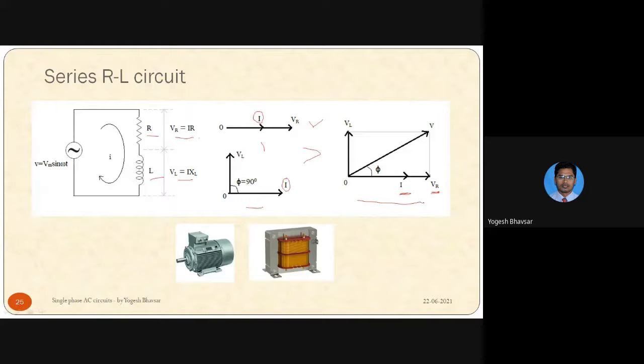So this becomes the phasor diagram for the purely resistive circuit. Now for purely inductive, current is lagging voltage and voltage is leading current, same thing. So VL is leading current by 90 degrees. So by 90 degrees, we have the phasor for VL. So here is the VL, here is the VR.